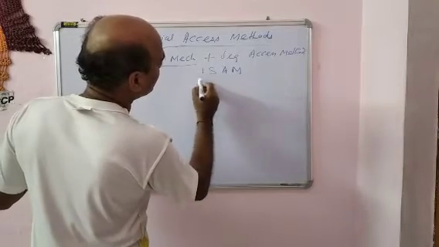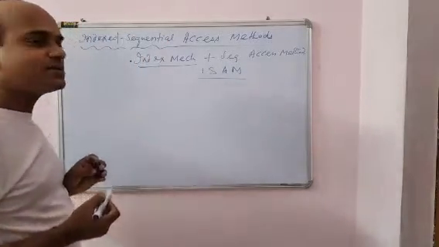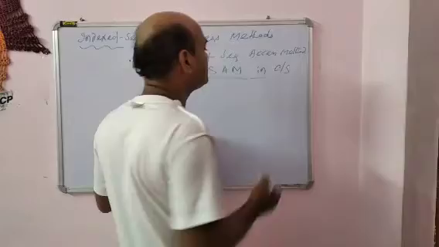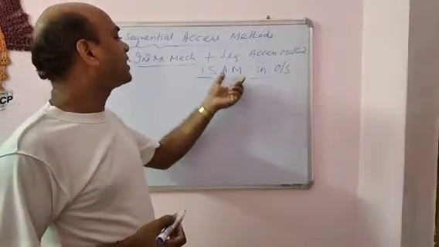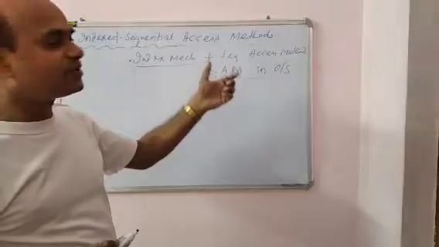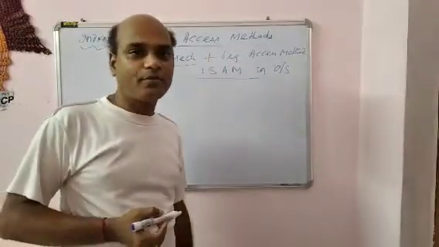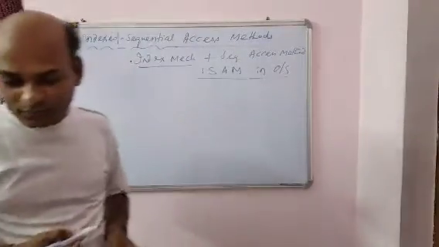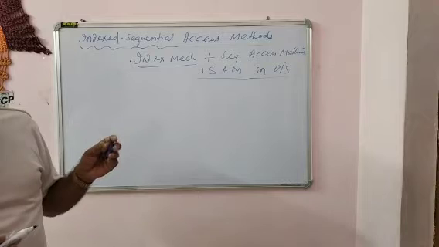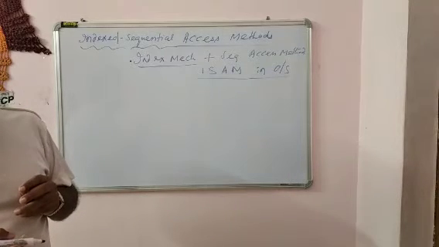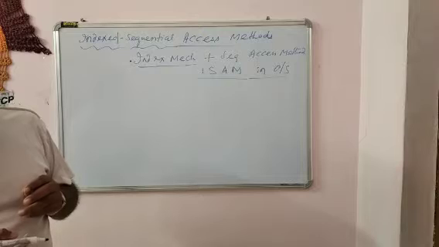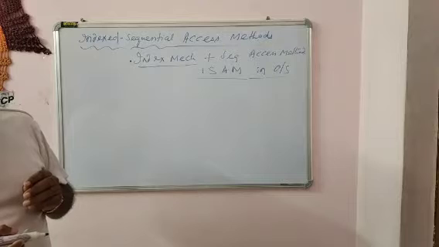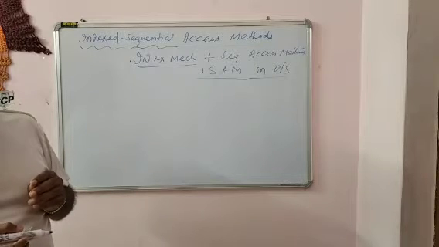That is ISAM, the index sequential access method in OS, in operating system. We have already learned the sequential access method, or SAM. Today we will learn about ISAM, where an index is added. A small master index is used, which points to the disk block of a secondary index.